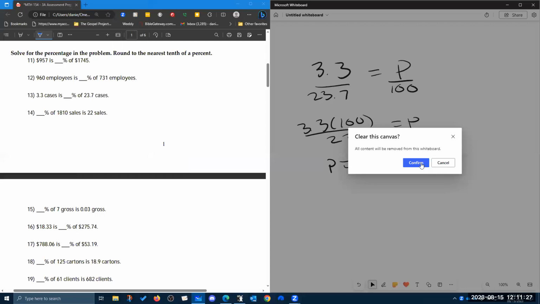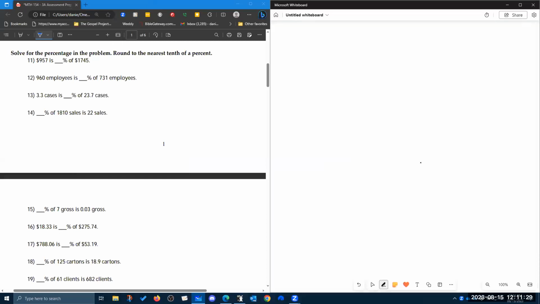Now we're going to change it up and write it in a different way. Let's see if that actually changes anything for us, though. P percent of 1810 is 22. See how we just go with the words that are closest to the numbers that are closest to those words.